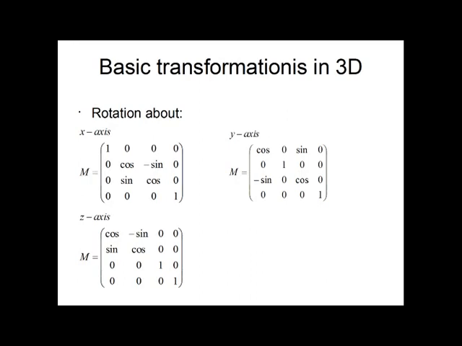Rotation is a little bit more complicated because we can rotate in endless degrees or around endless imagined axes in 3 dimensions, whereas in 2 dimensions we can really only rotate in this one plane that we have. But in 3D we can have any plane and we can rotate within any plane. But we're just going to look at the rotations around the axes of the coordinate system.